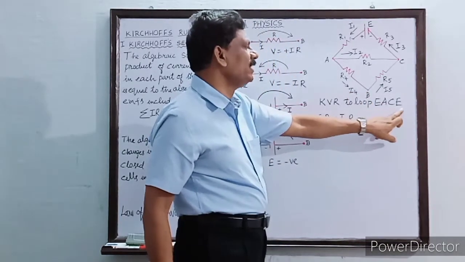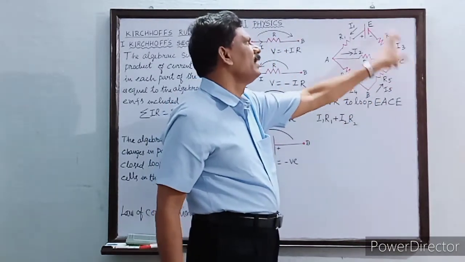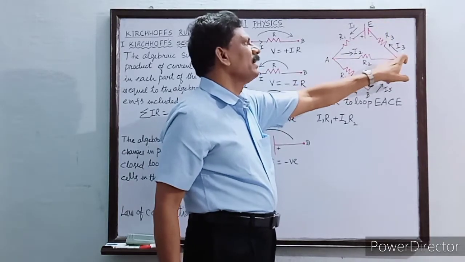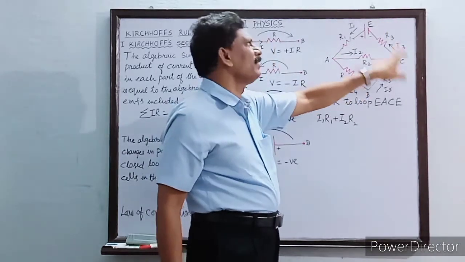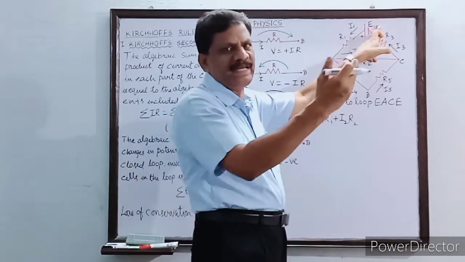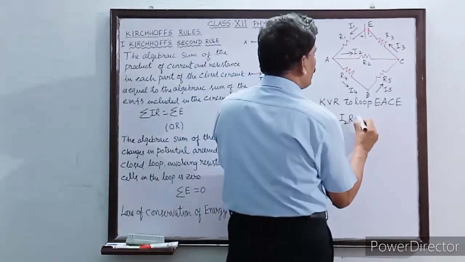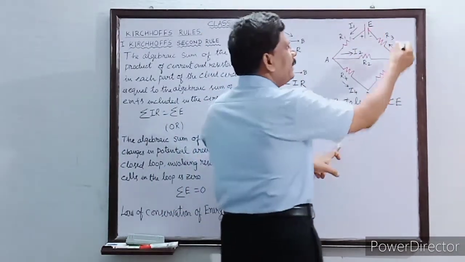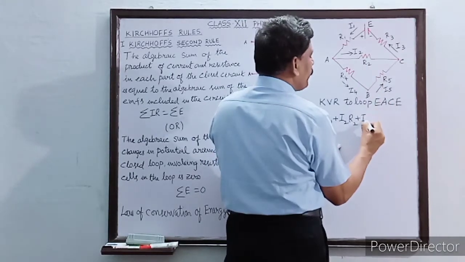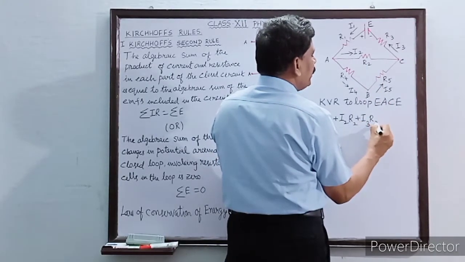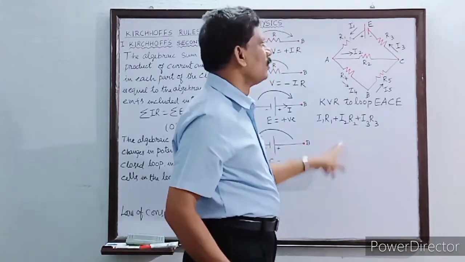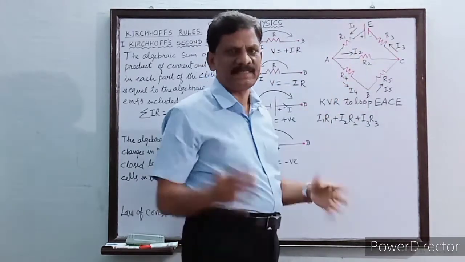Next is C to E. I have to proceed from C to E, and current I3 is flowing again from C to E along the same direction, and hence this product also is positive. It is plus I3 R3. So that's all, all the IR products I have taken.